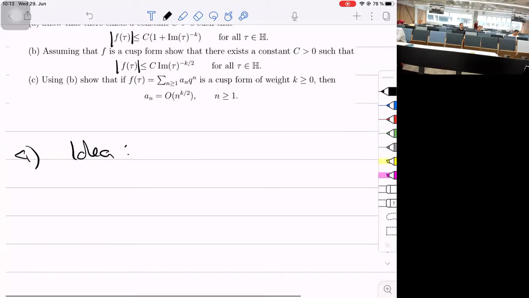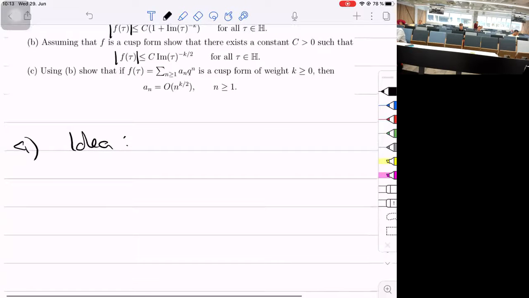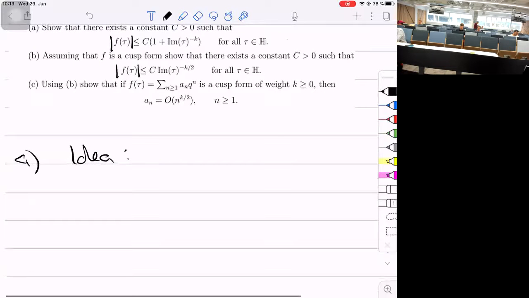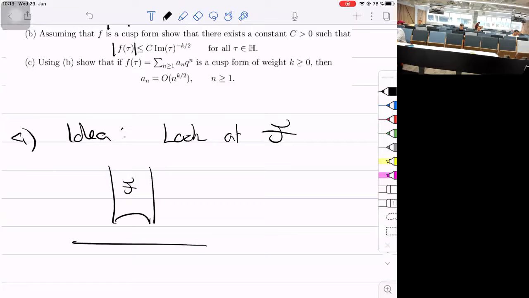So the idea here is to look at what happens first in the fundamental domain. We can say something useful about that. We can then try to extend that by modularity to the entire upper half plane. So as usual, the picture of the fundamental domain.